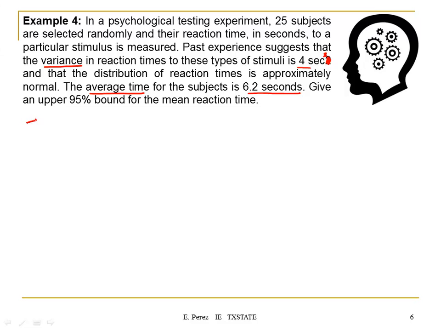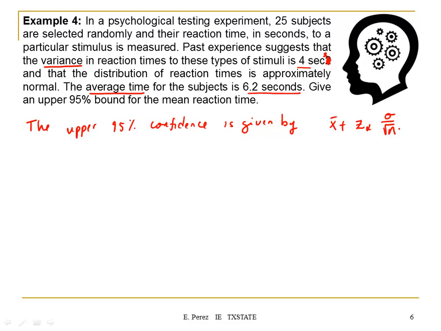So as we discussed, the upper bound for 95% confidence is given by the following: x bar plus z of alpha times sigma over the square root of n.